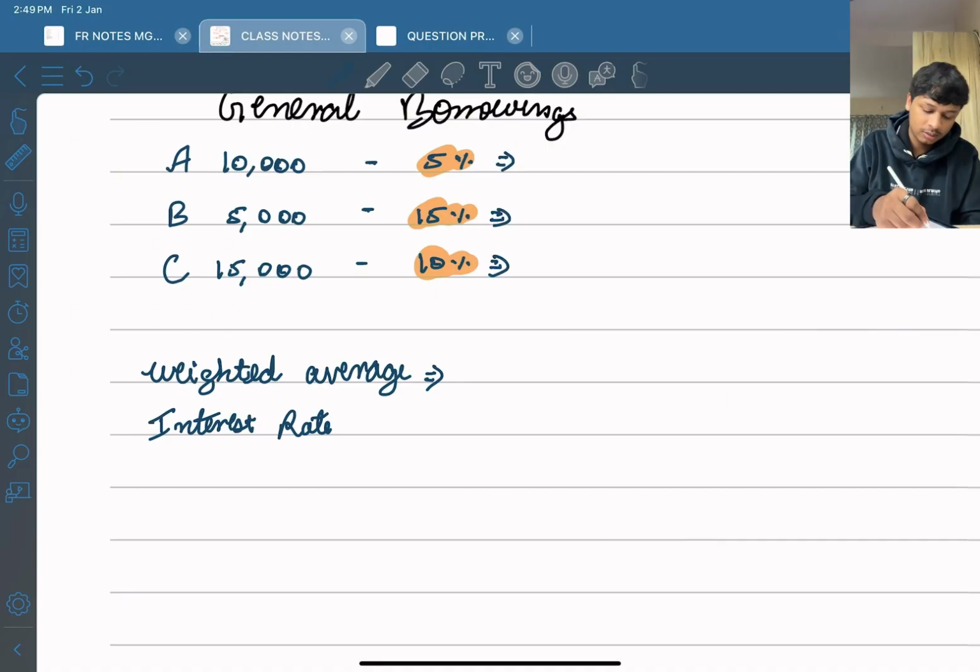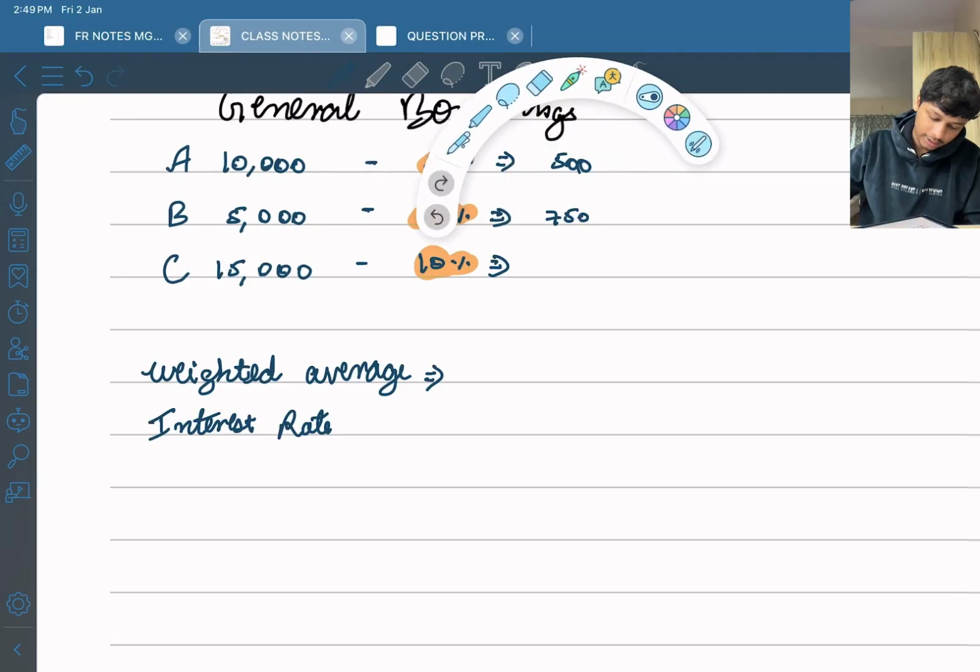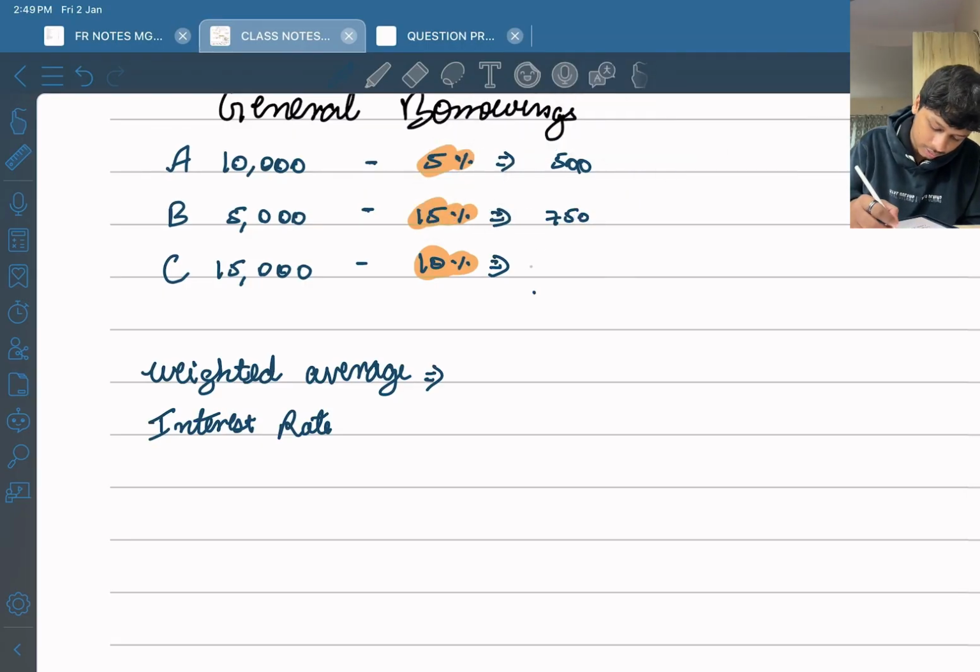For a year, the interest for 10,000 multiplied by 5% would be 500. 5,000 multiplied by 15% would be 750. And 15,000 into 10% will be 1500.